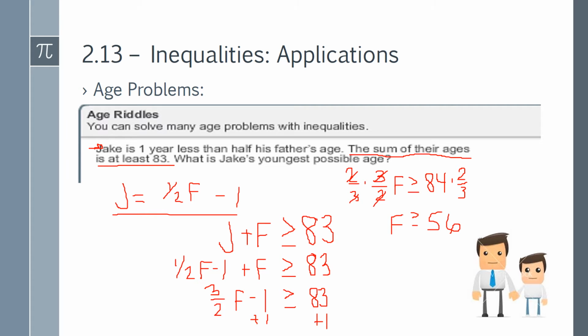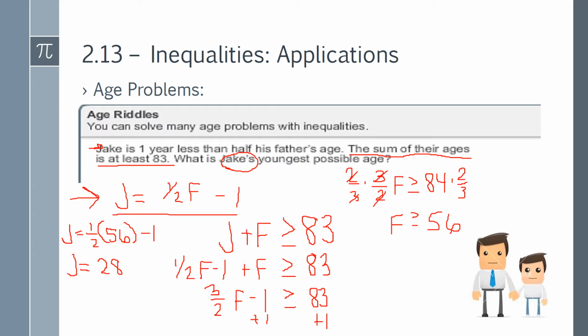Okay, so now I'm going to plug that back in because it says, what is Jake's youngest possible age. I need to plug that into Jake's age, because that was the father's, F for father. So I'm going to go back over to Jake's equation. Jake equals 1/2, I just found the father to be 56, minus 1.